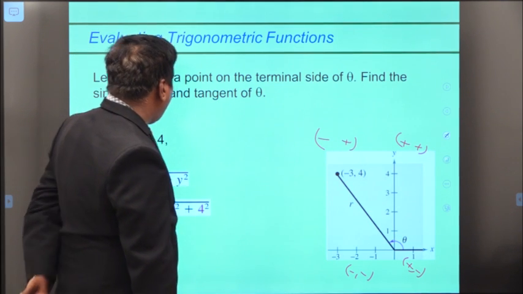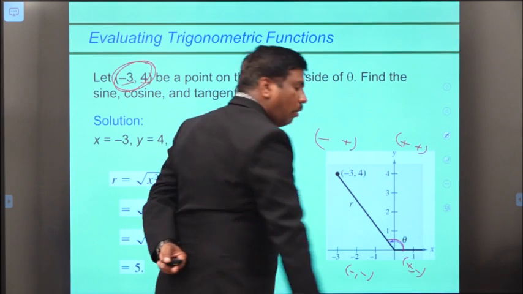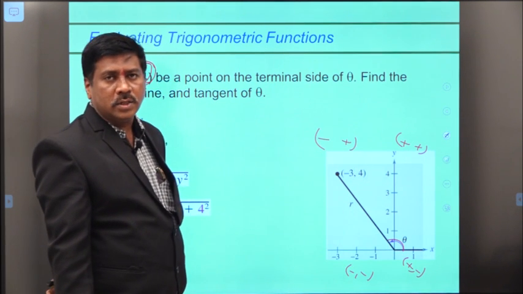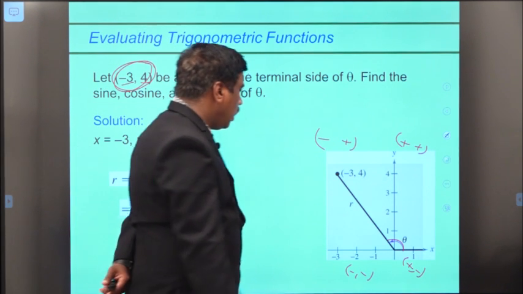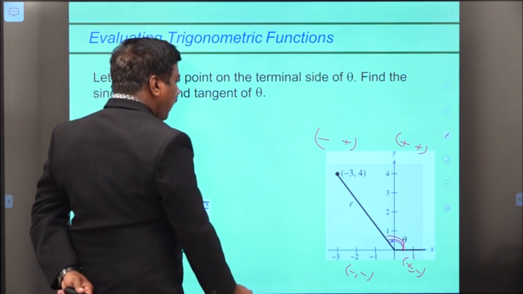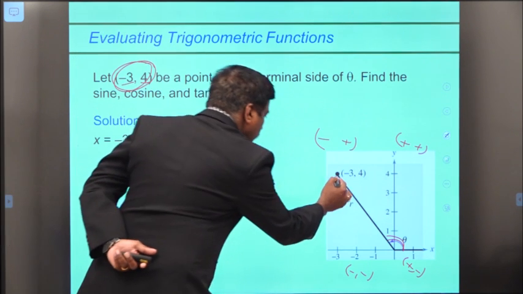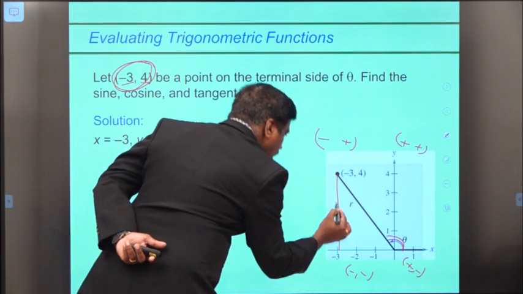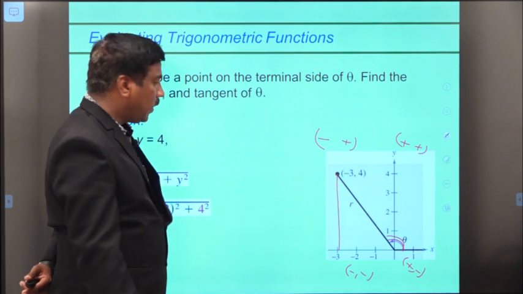By using this information, I am able to find all the trigonometric ratios: sine theta, cos theta, tan theta, cosecant, secant and cot theta. Likewise, this is the angle I have to assume like this. Here the x value is minus of 3, because I have to draw one perpendicular from that point to the negative side of the x-axis.